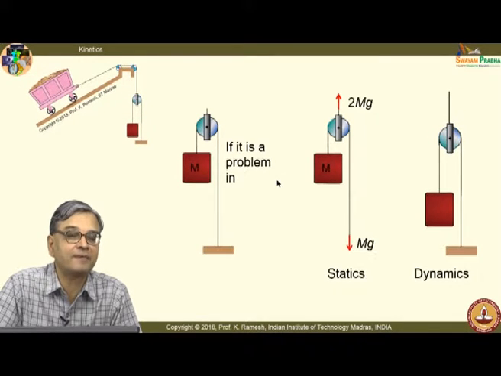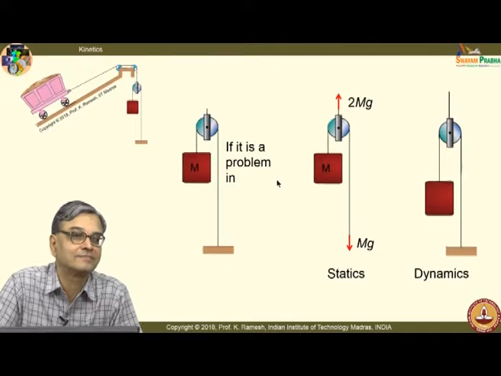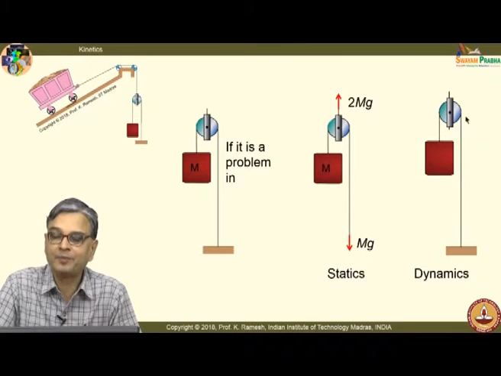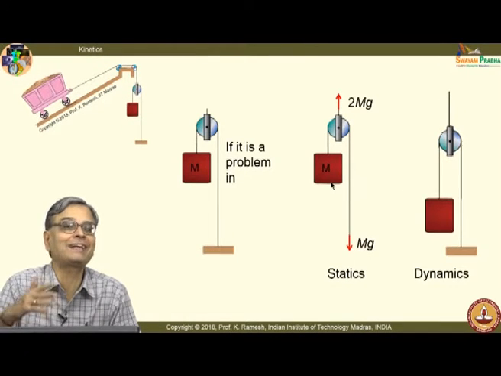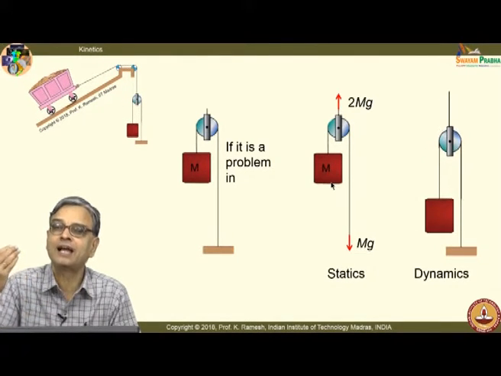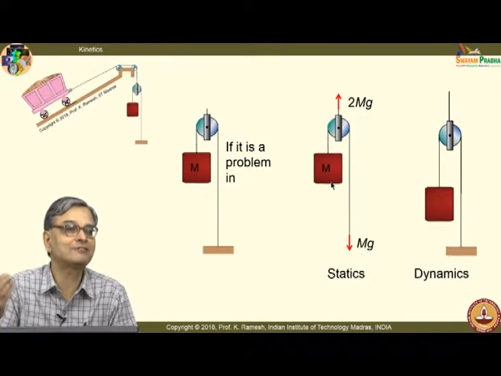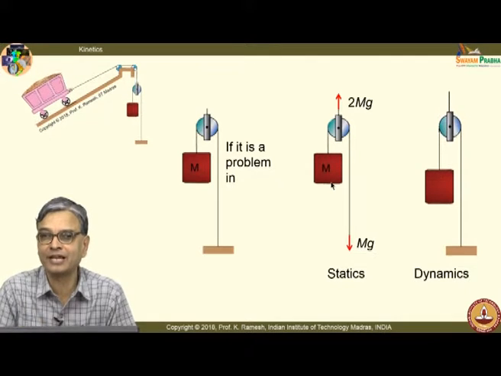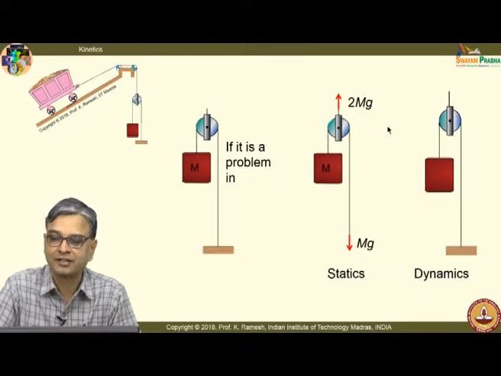Is it one and the same? Is the question clear? You have to visualize all that when you analyze the problem. It is a problem in dynamics, so I have my right hand side non-zero. I have to put the appropriate mass into acceleration. Only then the equation of motion is complete. So, I need to know that acceleration.